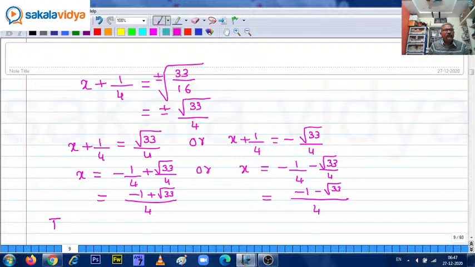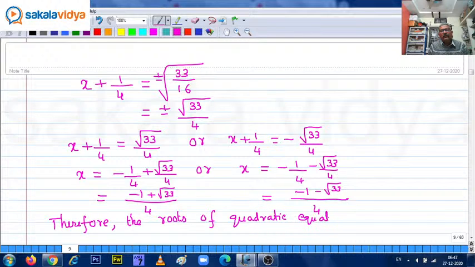So therefore, the roots of quadratic equation are minus 1 plus root 33 by 4 and minus 1 minus root 33 upon 4.